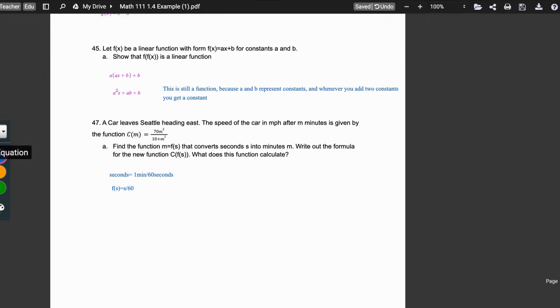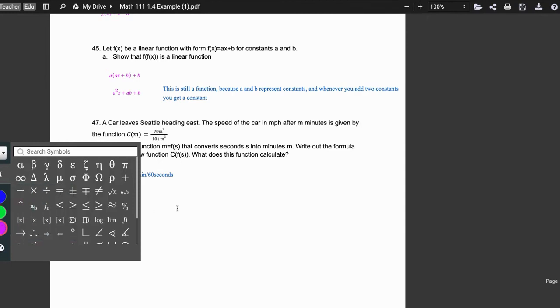I'm going to use my equation tool because we are dealing with fractions. So remember, c of f of s, I'm going to replace any part. So let's start with c of m. So it's c of f of s.